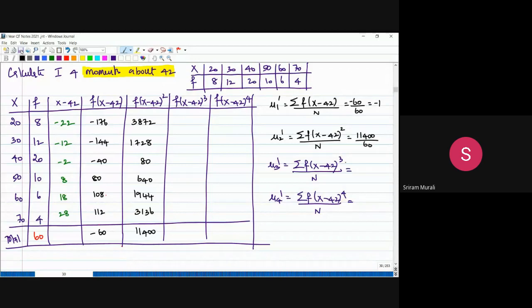Now mu3 dash: f into x minus 42 the whole cube. Take the cube of this and then multiply with f. Minus 851,184. This all will come in financial management.